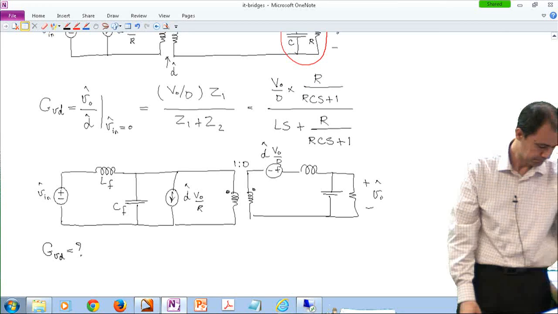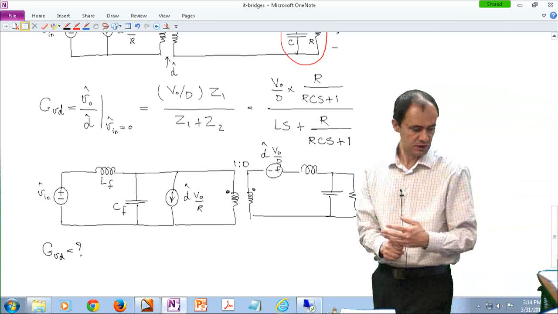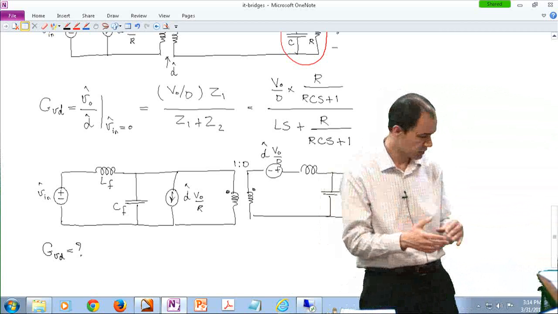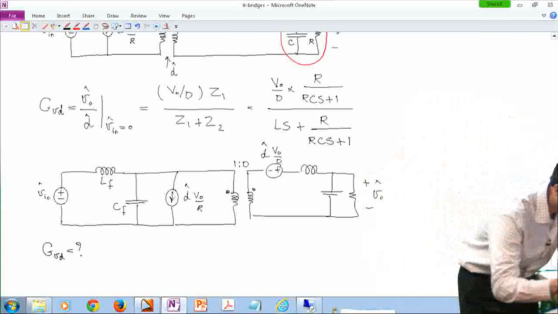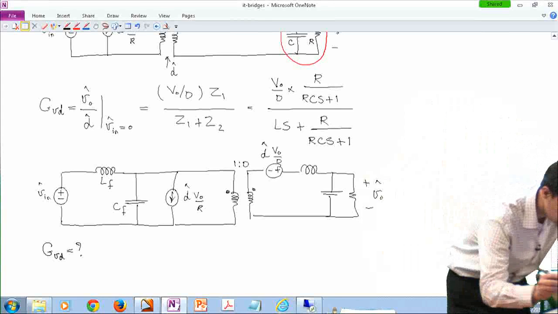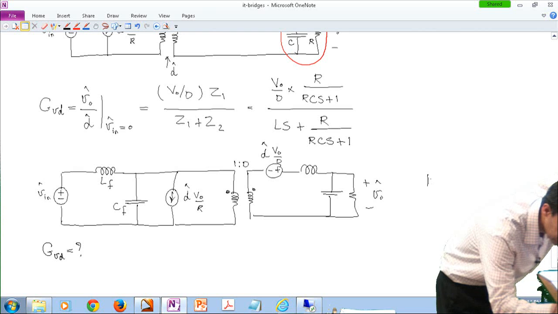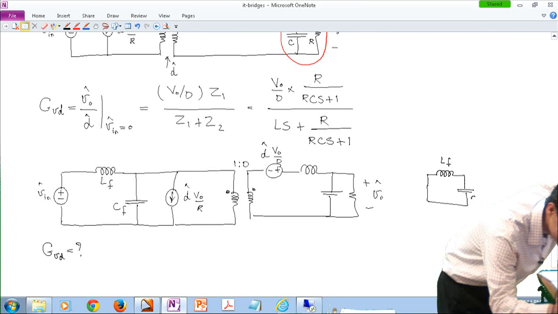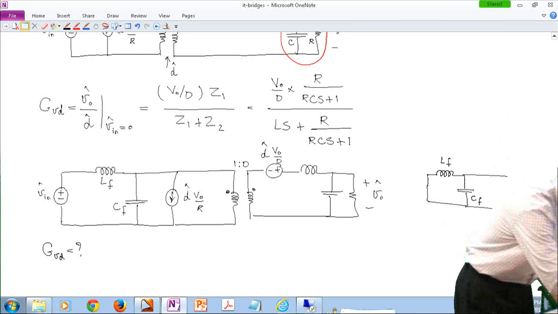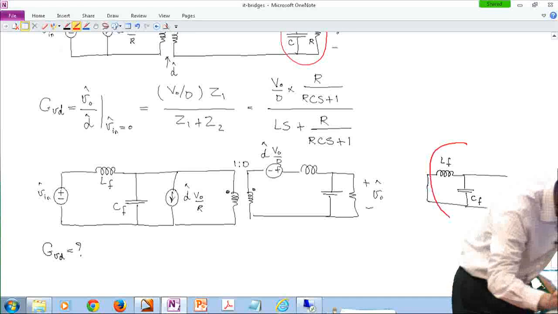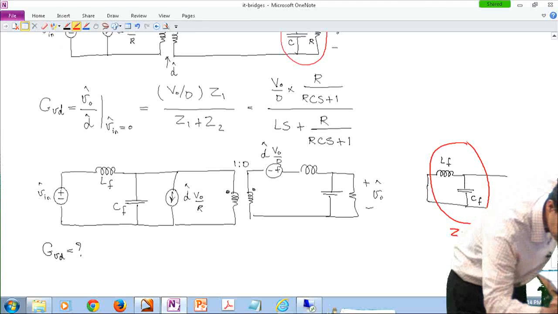Since for GVD the perturbations in the input voltage is 0, I just short it. So technically I short this, and then if I short this, I will have the LF in parallel with CF on the input side. And I also label this to be ZF.